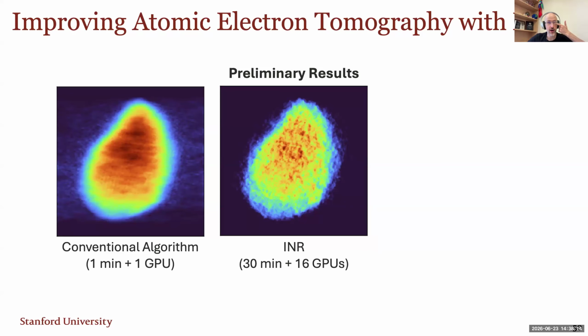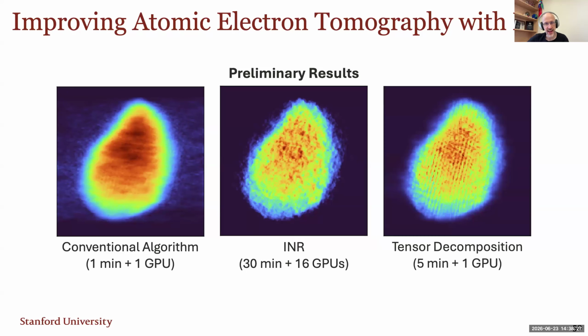So for a normal INR in our current code, if you were able to do the classic reconstruction in a minute on one GPU, even with 16 GPUs, it still takes 30 minutes. So we're looking at different architectures. And the winner appears to be tensor decomposition, especially the K-planes, essentially factoring of your tensor train decomposition.